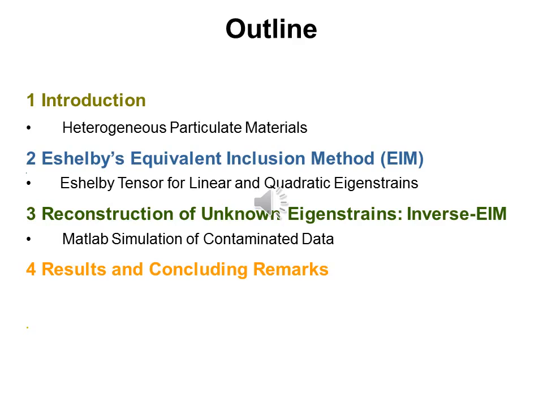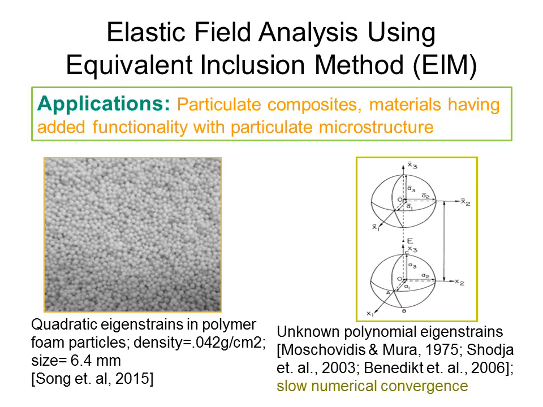So HLB's equivalent inclusion method is applied to various particulate microstructure materials. For example, we have a foam particle cluster here where you have this density and size is millimeter, and then you can estimate the residual stresses using quadratic eigenstrains.